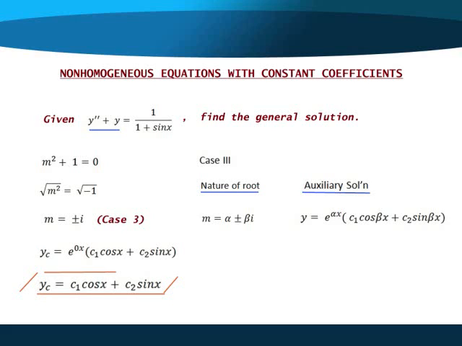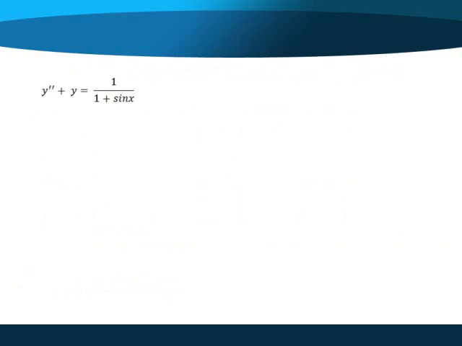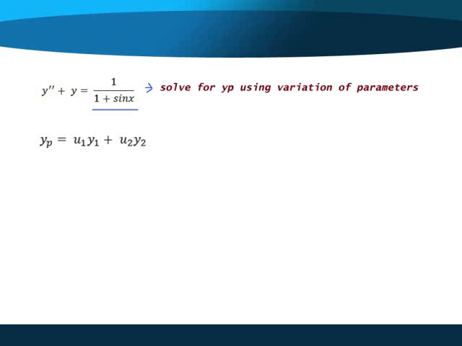Now that we have our auxiliary solution, we will next solve for yp using variation of parameters. The formula for our yp is u1 y1 plus u2 y2, where y1 and y2 are cosine x and sine x respectively.